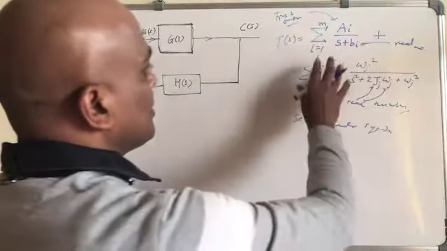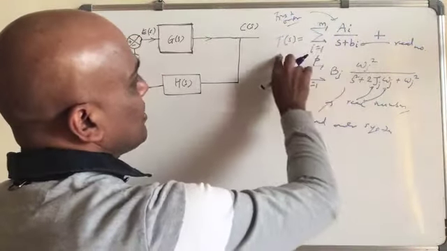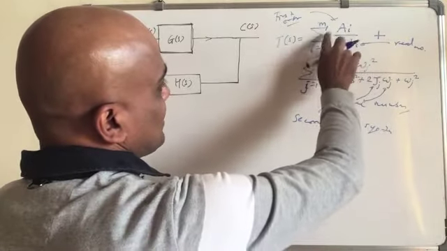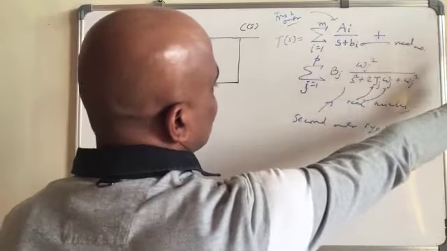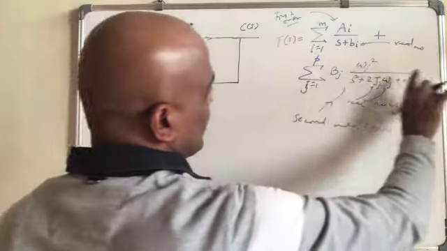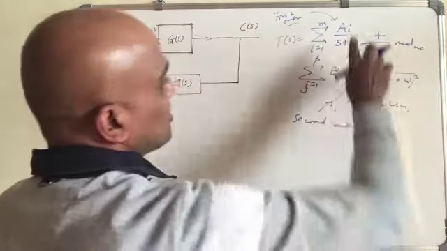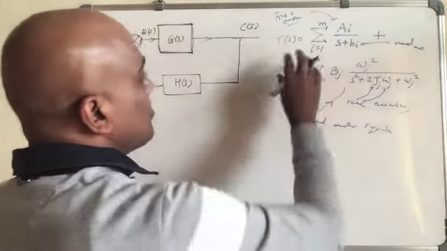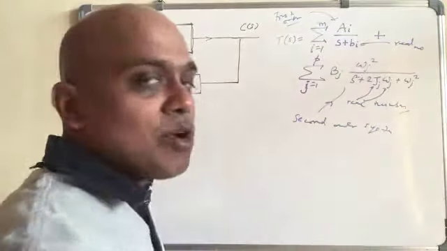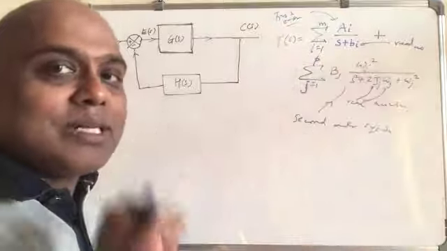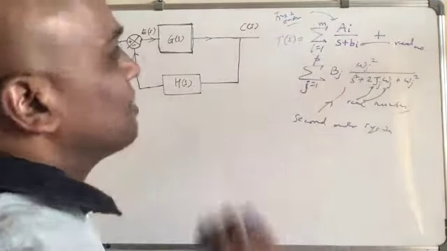So the idea is, since this is a summation of many first order systems and many second order systems, taking the inverse Laplace transform is very easy, because we have done it for both of them. Even if we have to find the response to the unit step function, we can do it very easily.